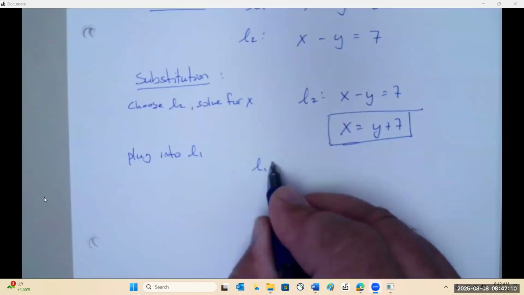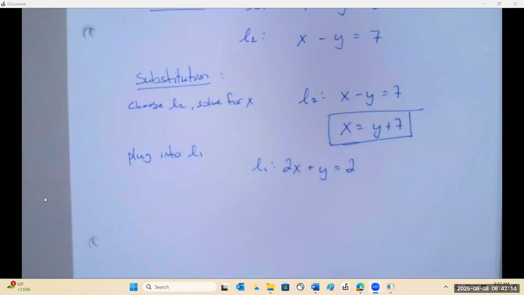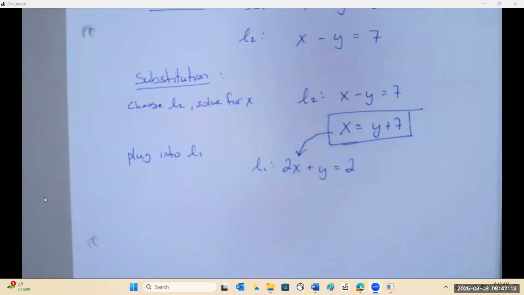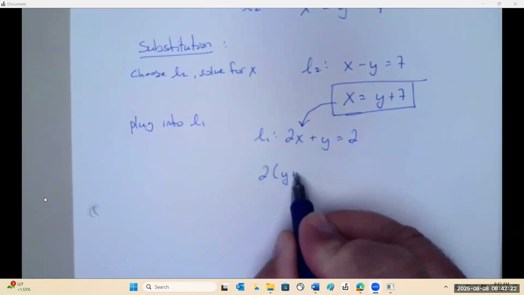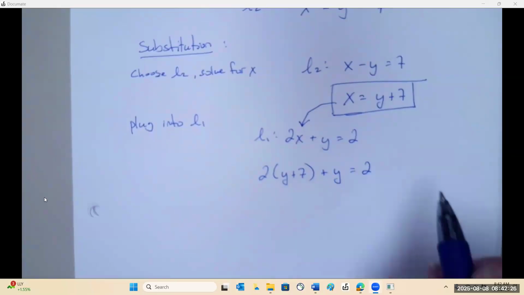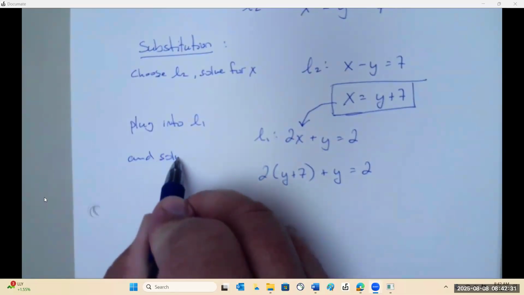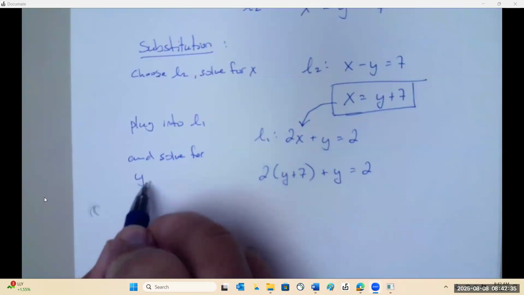L1 is 2x plus y equals 2. So in place of x, we put y plus 7. And solve for y.